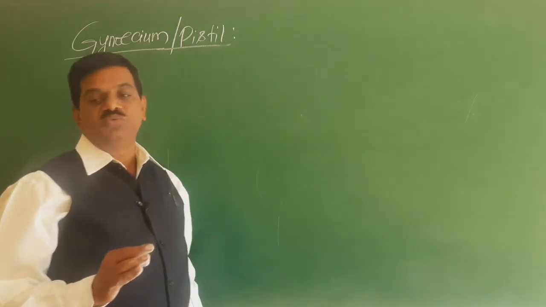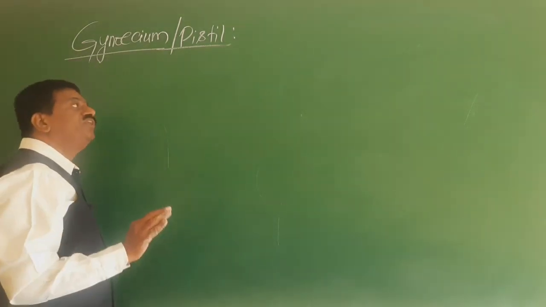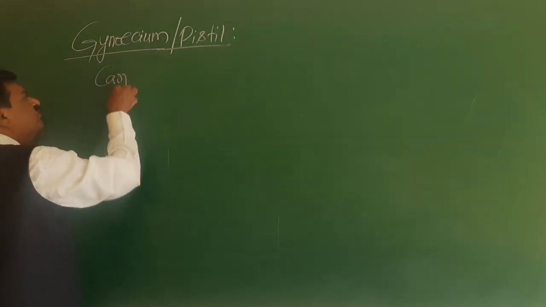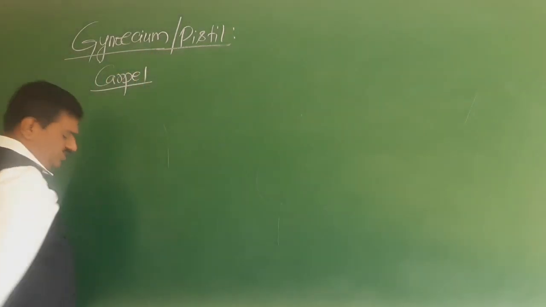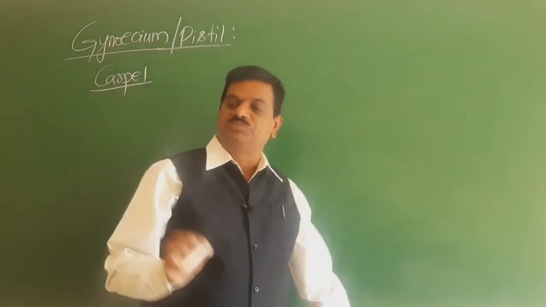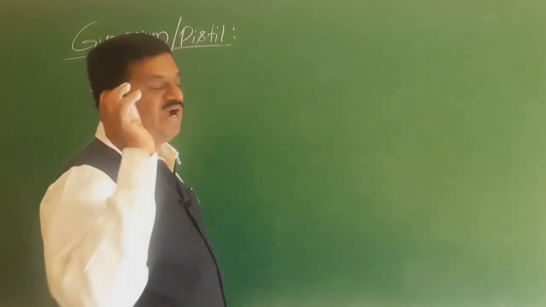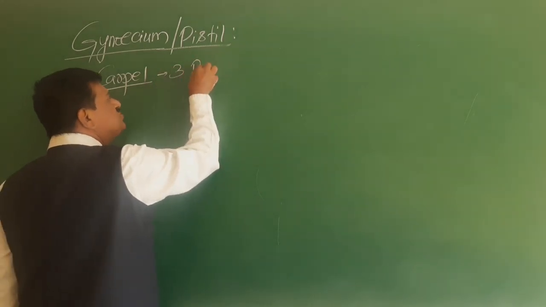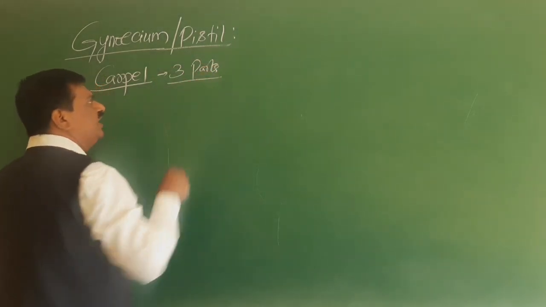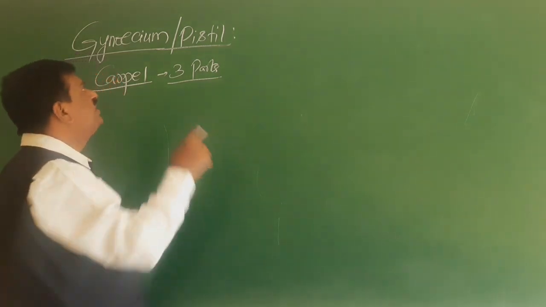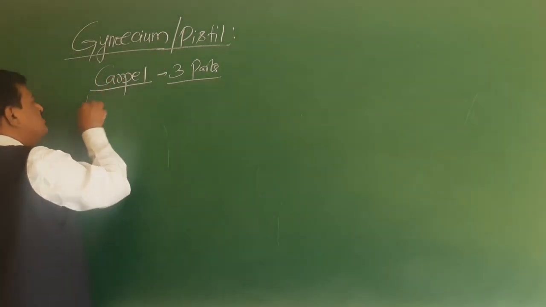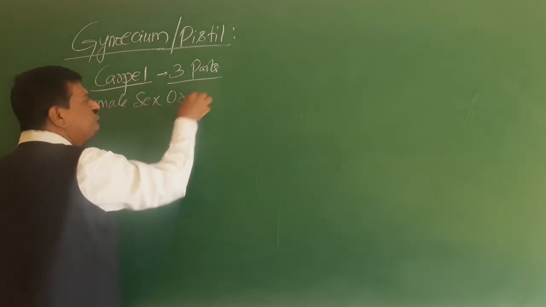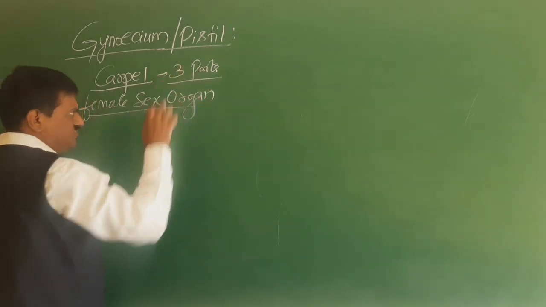Carpel is a unit of gynoecium. Carpel has 3 parts, or gynoecium has 3 parts. As we know, the female reproductive sex organ has 3 parts.